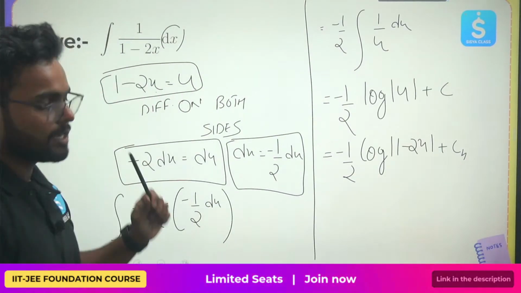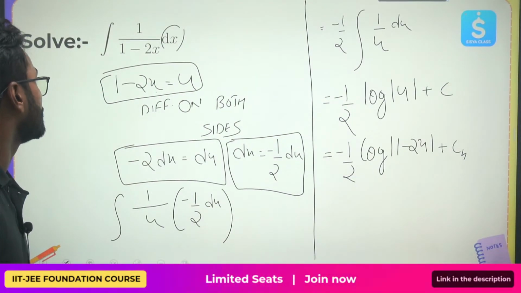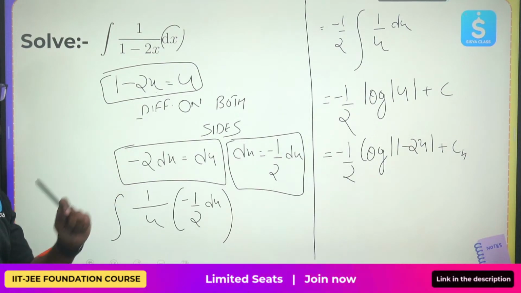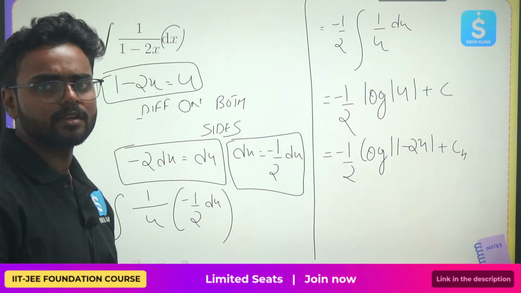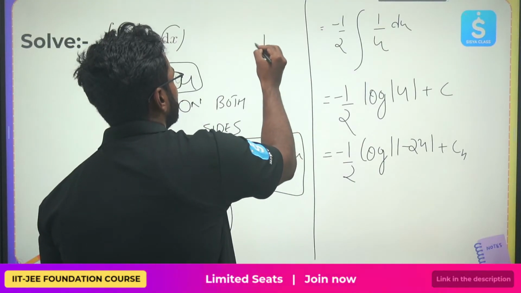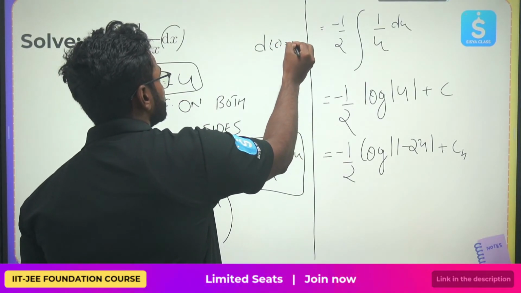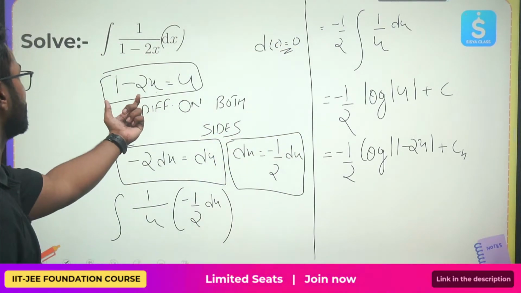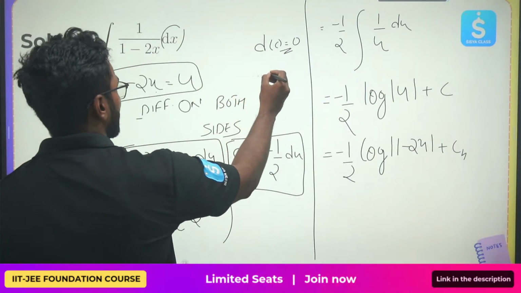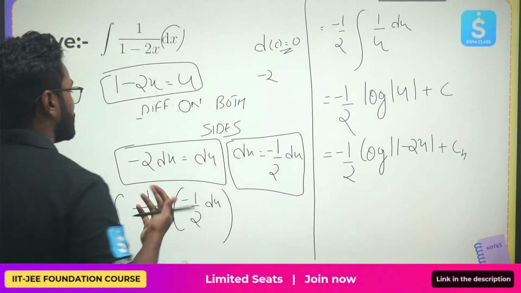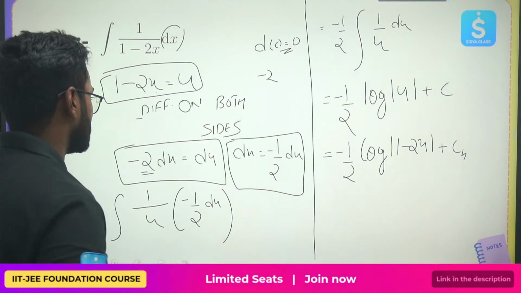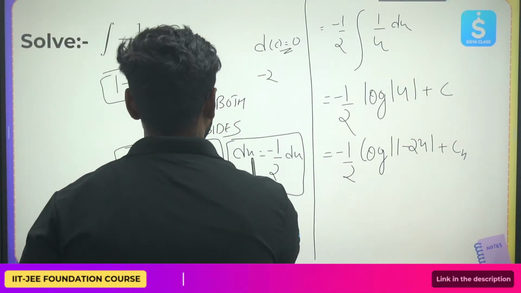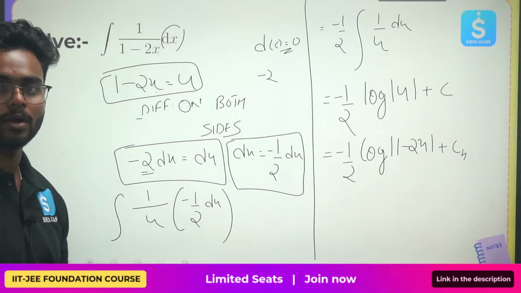In this we have considered 1 minus 2x as u, and then we differentiated it on both sides. The differentiation of a constant would be 0, and differentiation of minus 2x would be minus 2, since differentiation of x is 1. That is when we got minus 2 dx is equal to du, and dx is equal to minus 1 by 2 du.